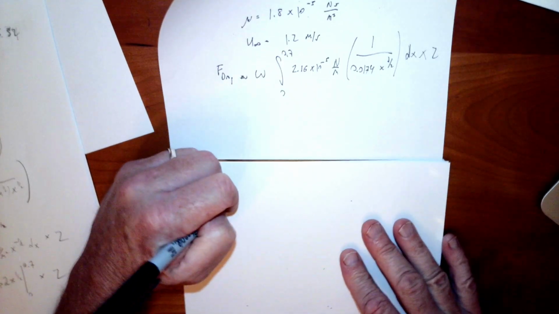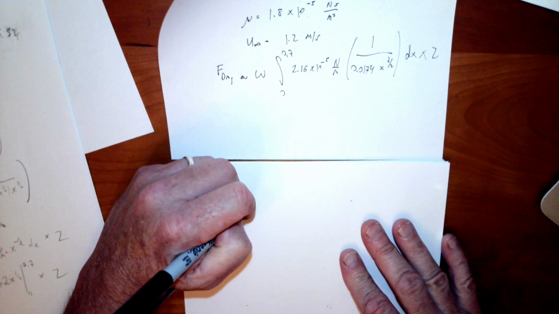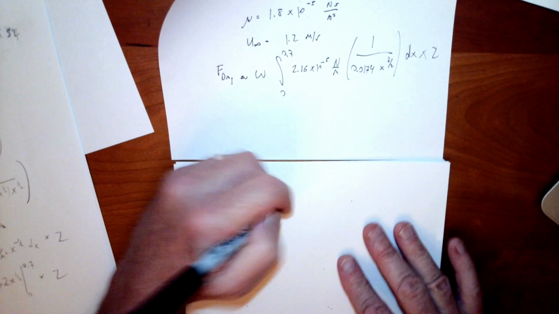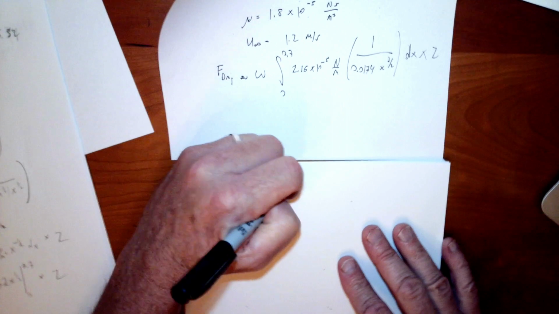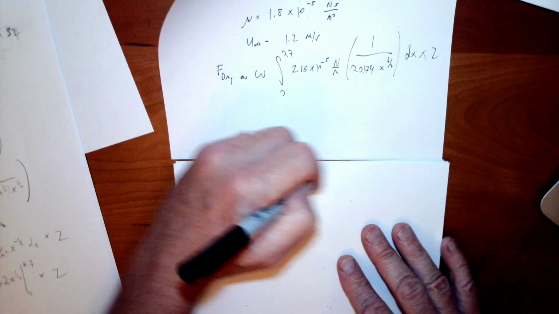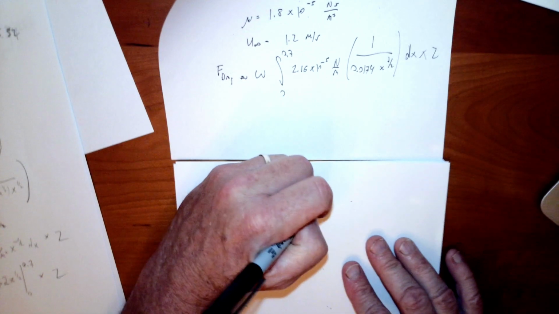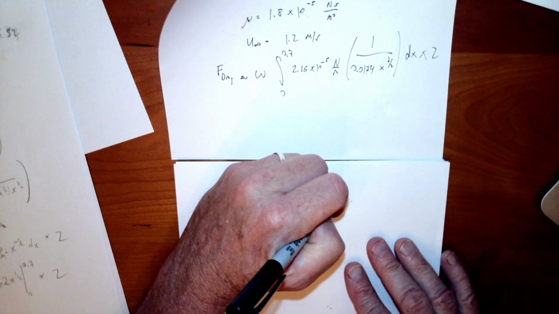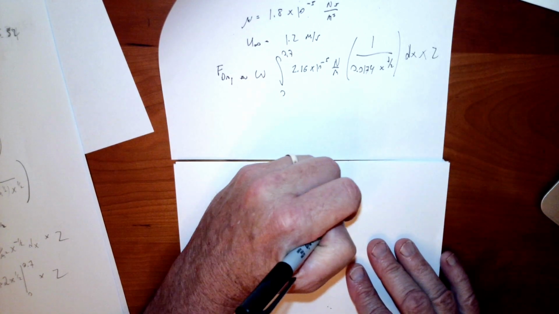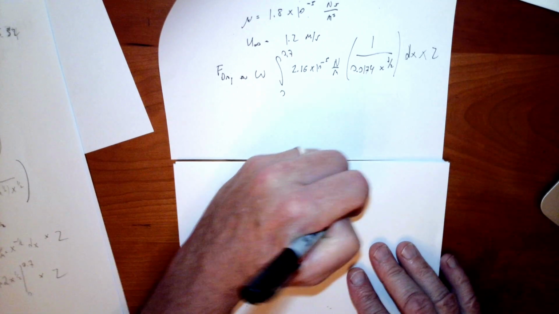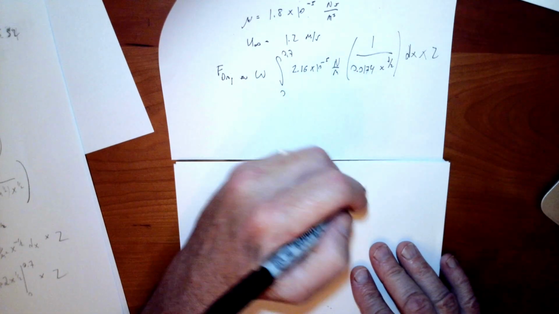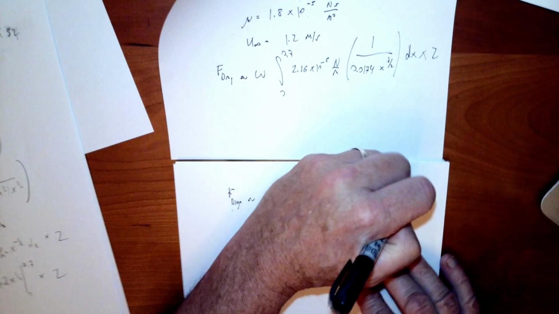So we've got that the drag is approximately equal to W times this integral from 0 to 0.7 of 0.00124, that's newtons per meter squared, I believe, times x to the minus 1/2 dx times 2.